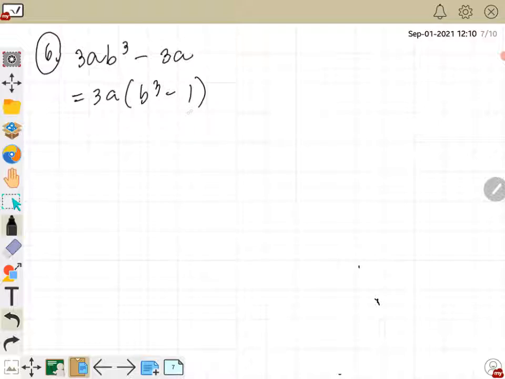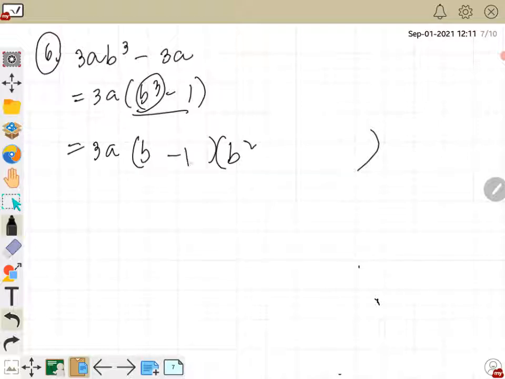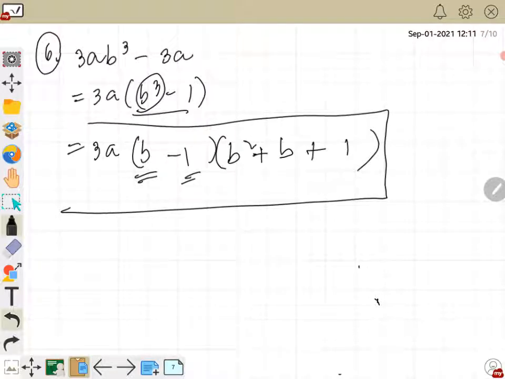So b cubed minus 1 is a difference of two cubes. b cubed is a cube, 1 is a cube. So we say 3a times b minus 1, then b squared, and 1 is plus 1. What's the middle term? The middle term is positive. Multiply this, that's positive b. So this is our factored form.